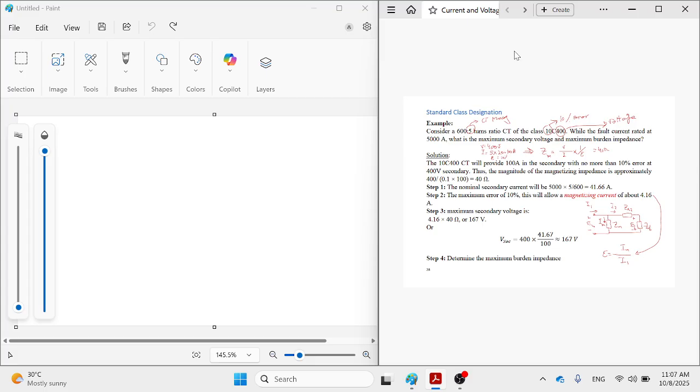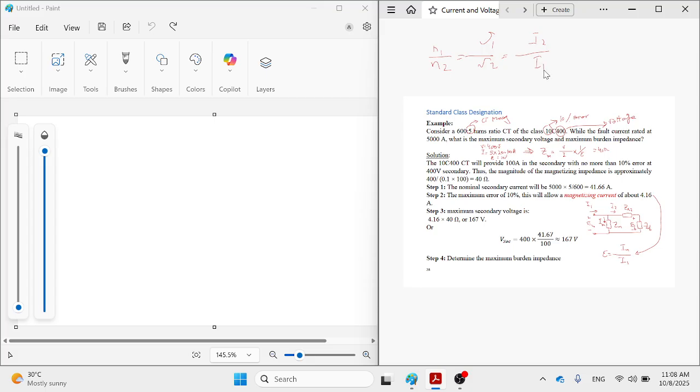Here, we're talking about the current. So N1 over N2 equals V1 over V2, which equals I2 over I1.